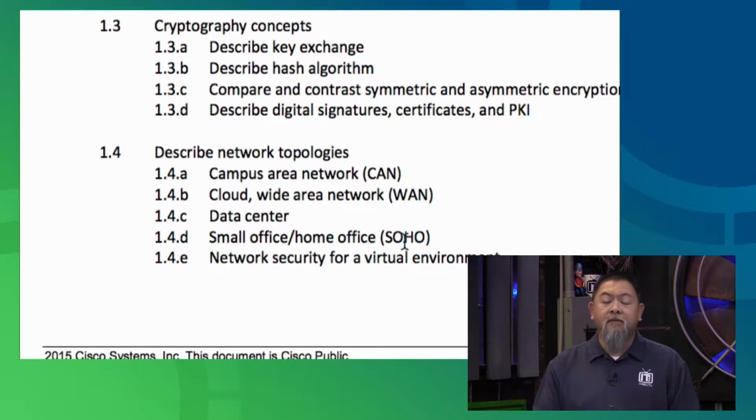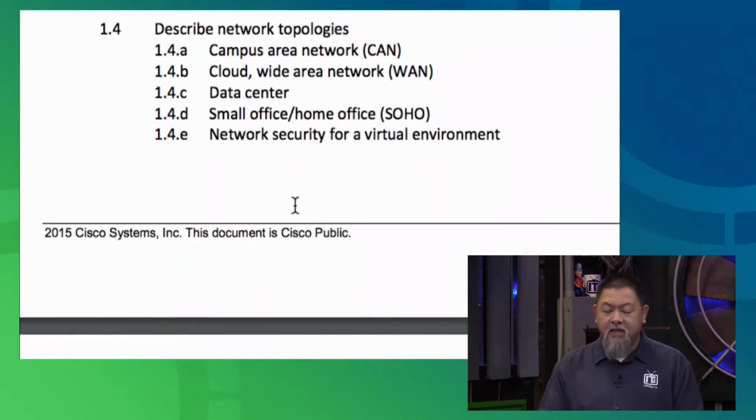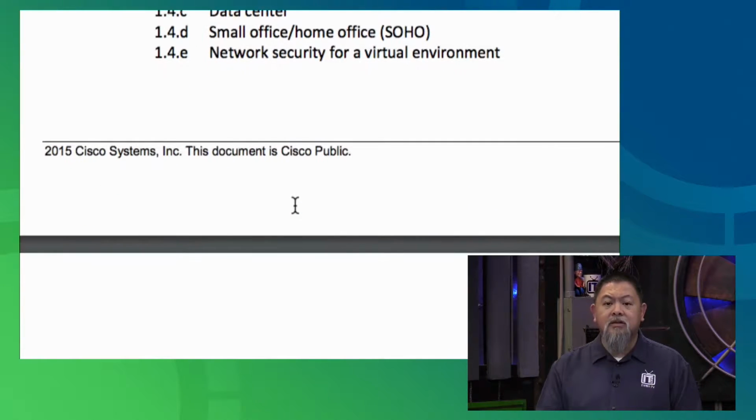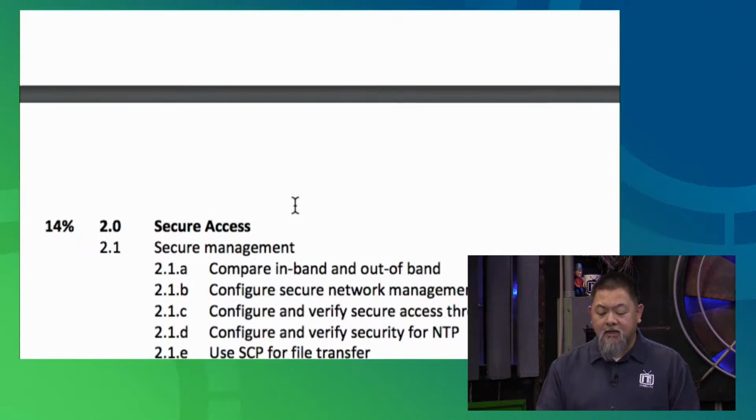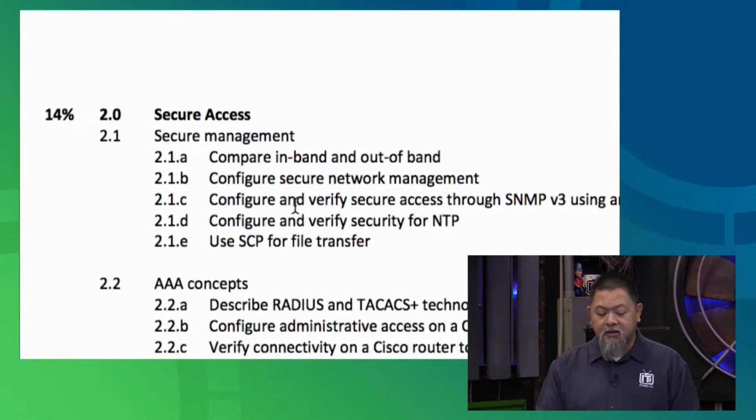We'll go over the very fundamentals of cryptography, describing the idea of key exchange, how hashing algorithms work, and even digital signatures and the PKI infrastructure a little bit, and then basic network topologies. We'll see all those inside of our episodes, giving us the firm foundation that we need as we start setting up security.